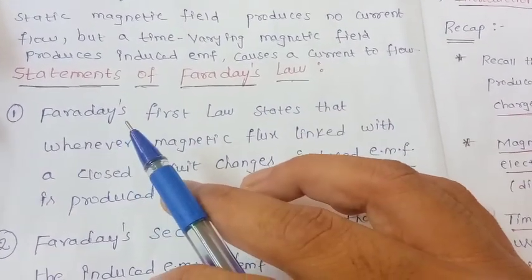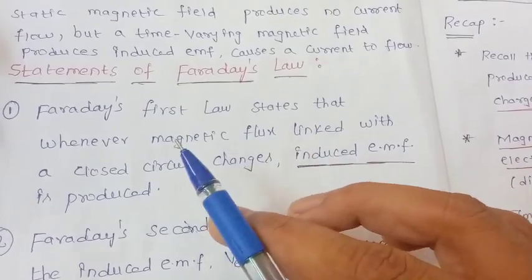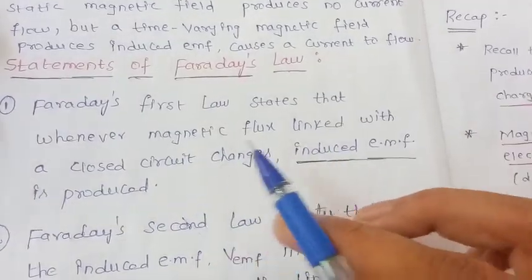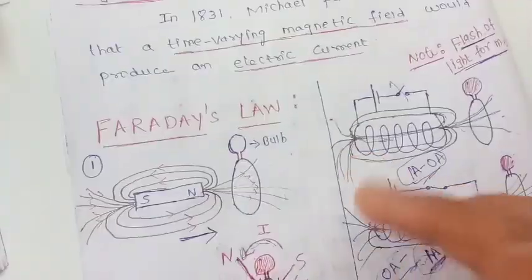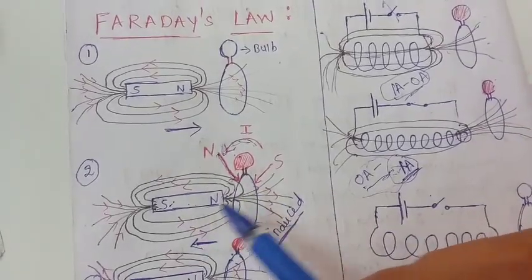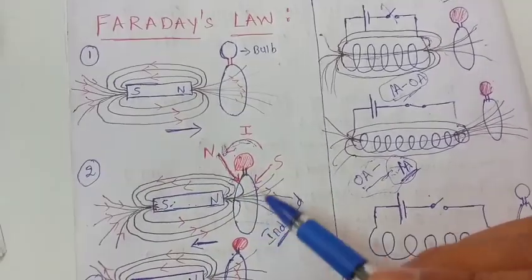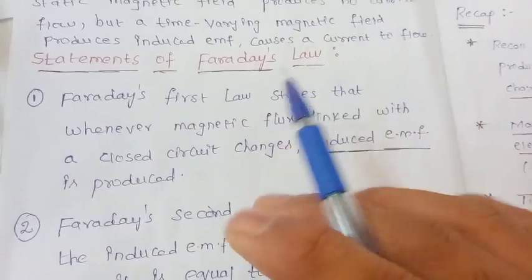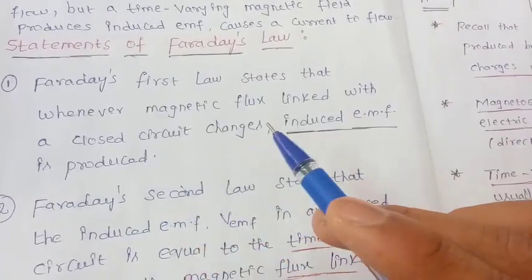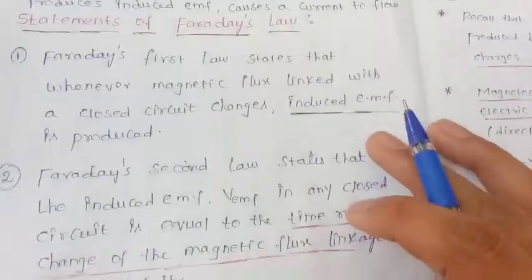Faraday's first law states that whenever the magnetic flux linked with a closed circuit changes, there is an induced EMF. Is it clear?